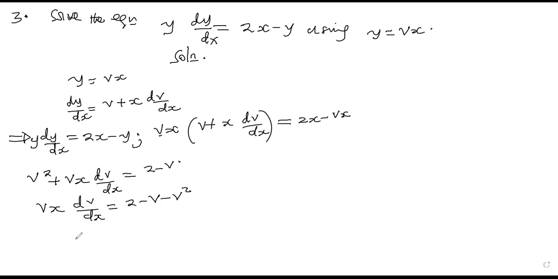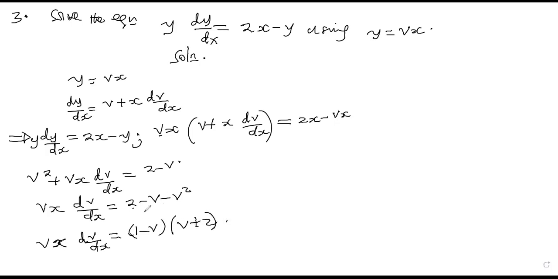Implying that vx dv/dx is going to be equal to, this is the difference of squares, actually 2 minus v squared is the same as 1 minus v into v plus 2.